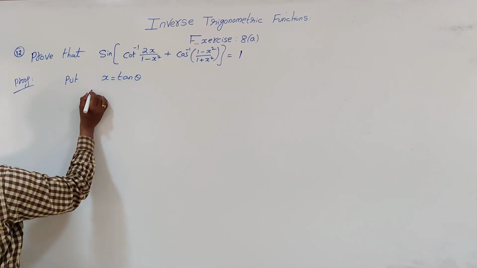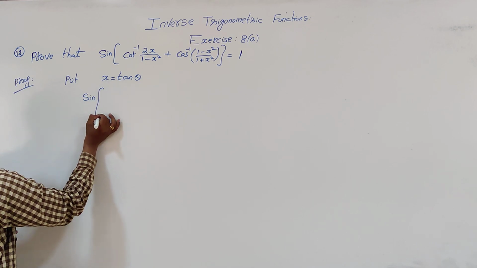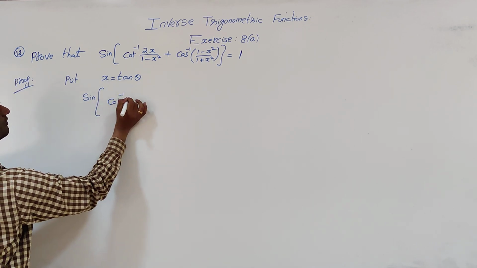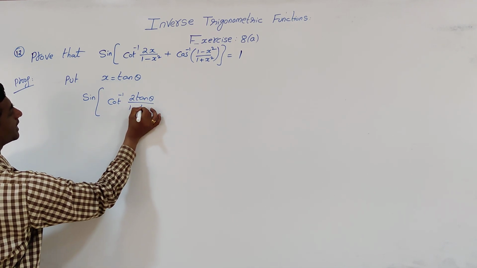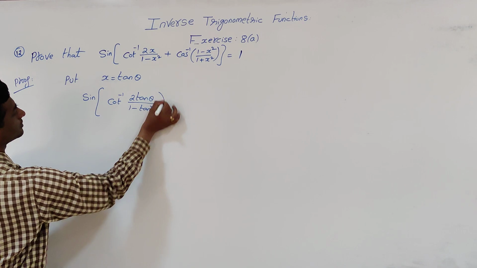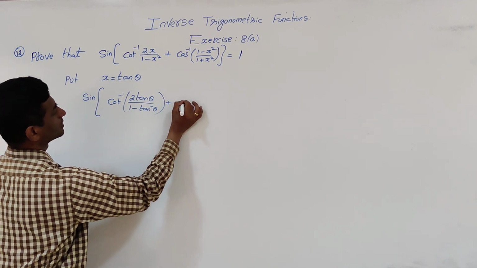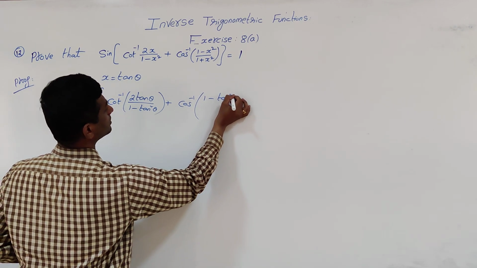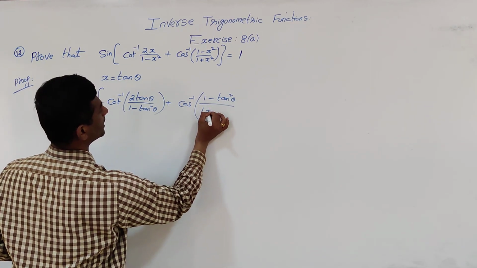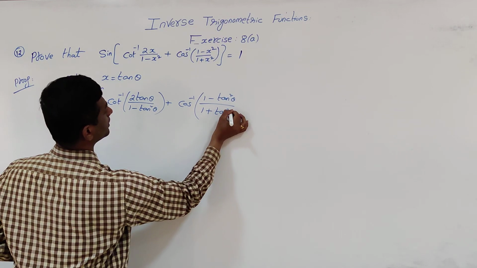We are going for a trigonometric substitution for x is equal to tan theta. So what happens? Sin of cot inverse of (2 tan theta by (1 minus tan square theta)) plus cos inverse of ((1 minus tan square theta) by (1 plus tan square theta)).